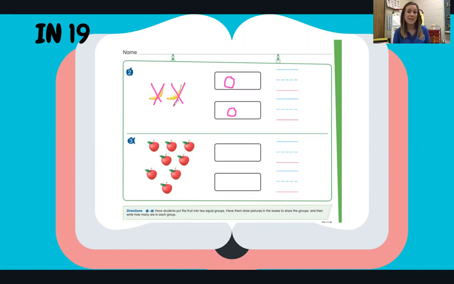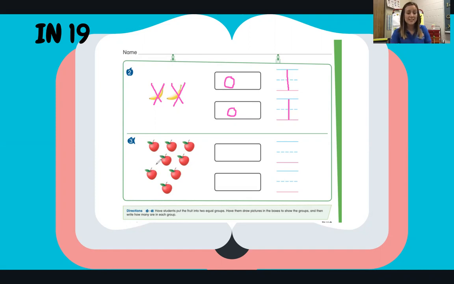I'm all out of bananas. Now I can check if they're equal. This box has one, this box has one. They're equal. Next to the box, you're going to write the number 1 to show how many is in each box. If you need to, pause the video so you can finish getting caught up, and then we'll go on to number 3.